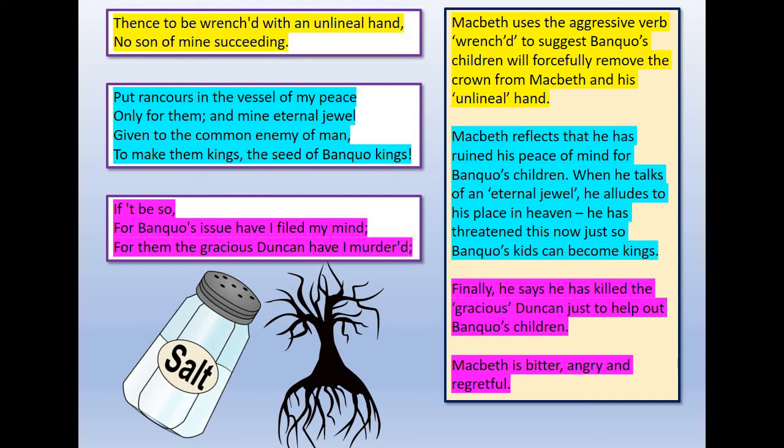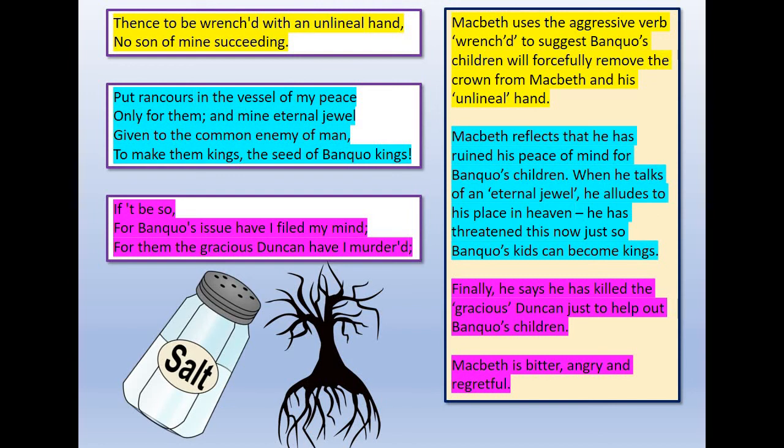So he sees himself not just having Banquo's children take on the throne after him, but he actually sees them taking it from him. He sees himself being usurped by Banquo's children. And he says, "Put rancors in the vessel of my peace, only for them, and mine eternal jewel given to the common enemy of man, to make them kings, the seed of Banquo kings."